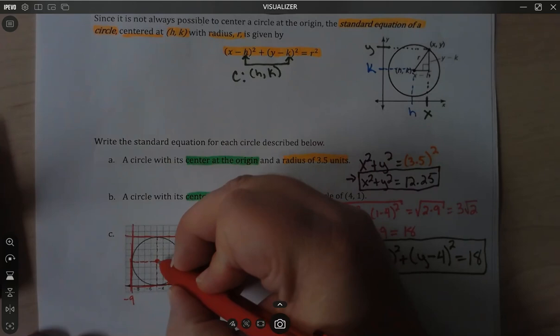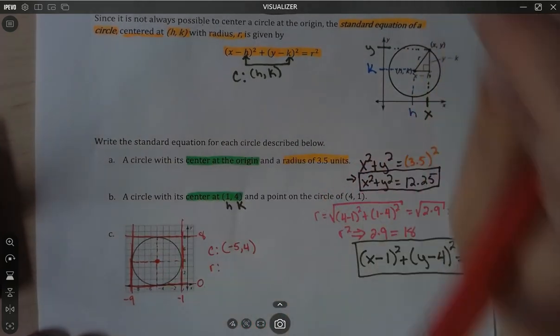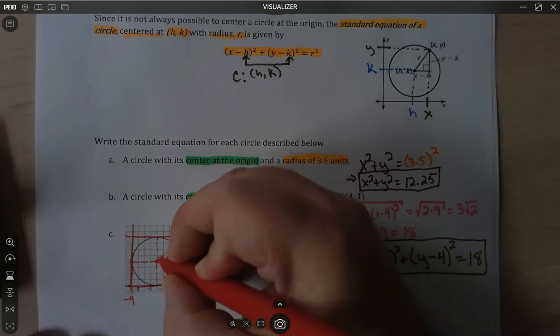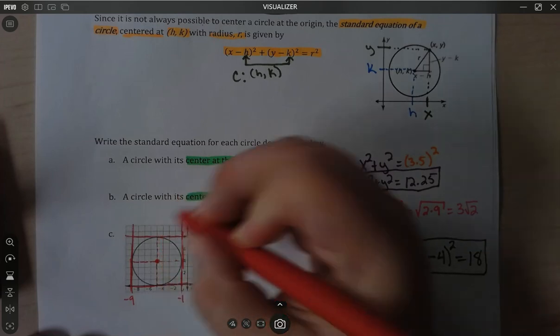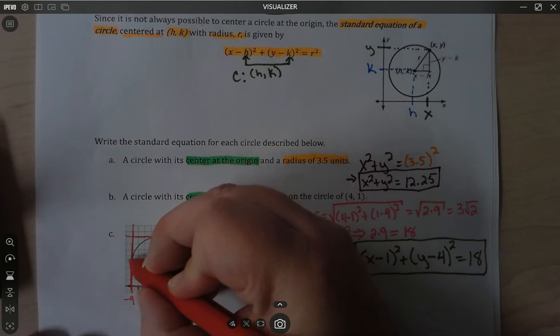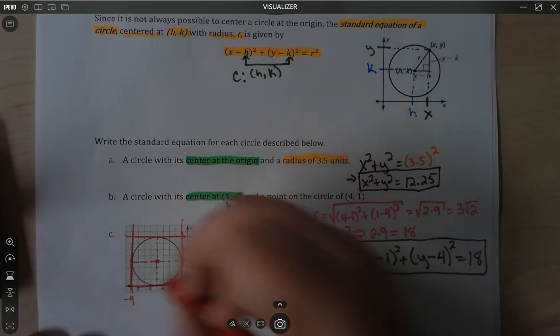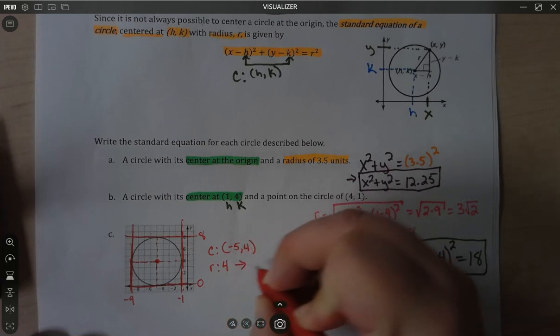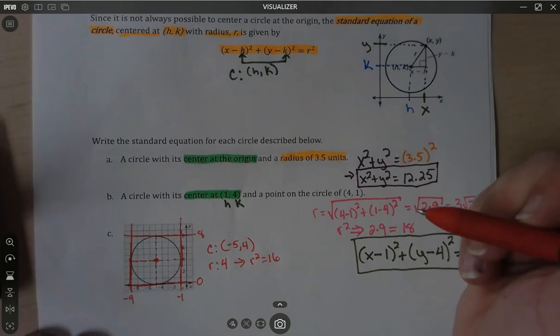Or once I find the center, I can do the counting I mentioned up at the top. I can say it's 1, 2, 3, 4. Either way, my radius is 4, which means my radius squared is 16.